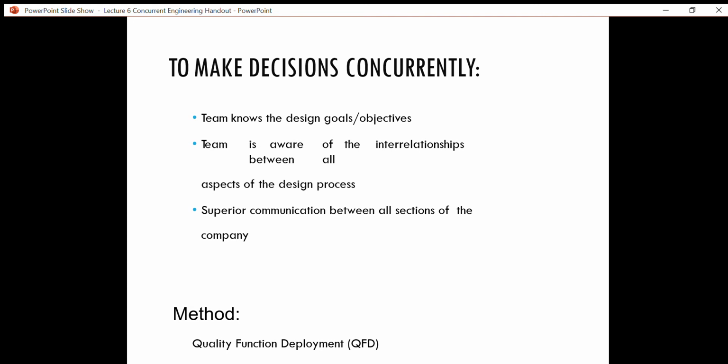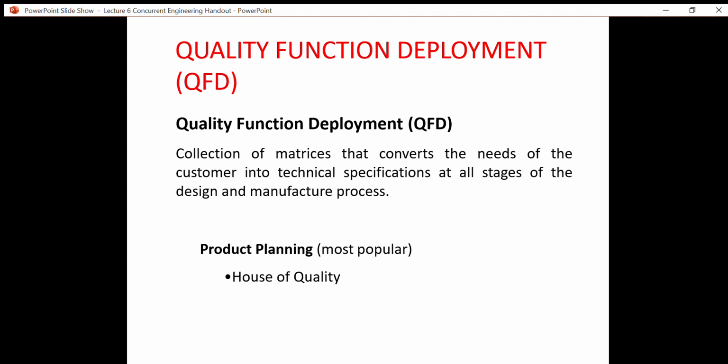And then normally the method that we use is quality function deployment, QFD. So what is QFD? QFD is a collection of matrices that converts the needs of the customer into technical specifications, in terms of design specifications. So for all stages of the design and manufacturing process, we need to convert.